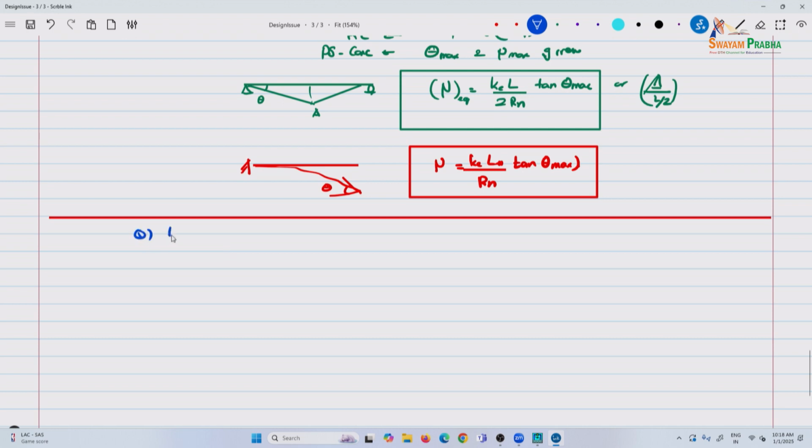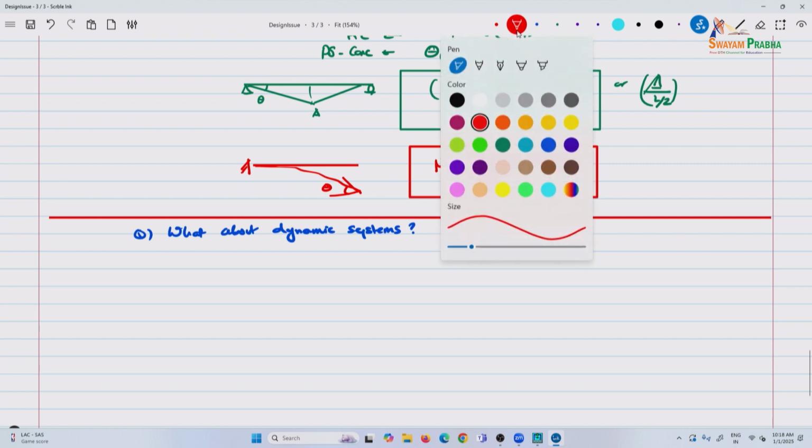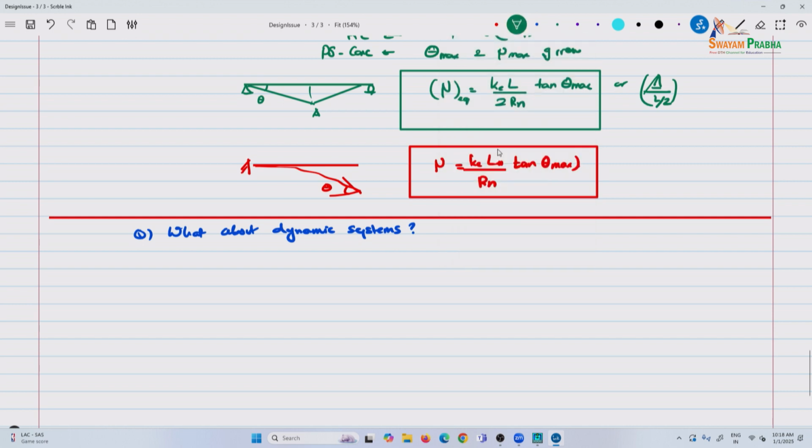And the question is, what about dynamic systems? We found for the static systems a simpler way, there is a way to address that.